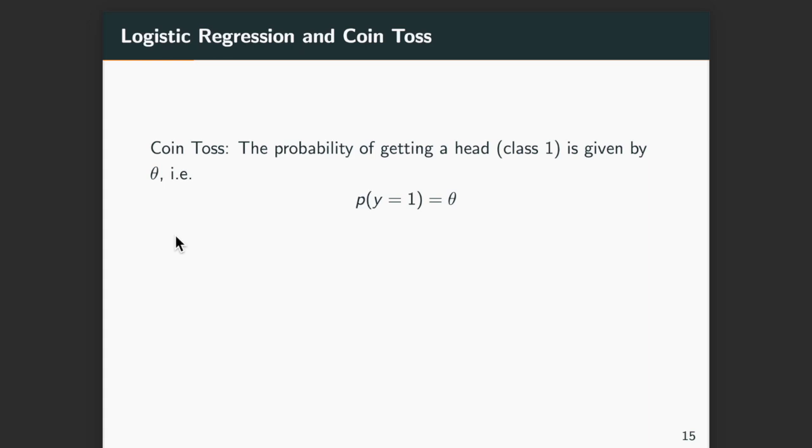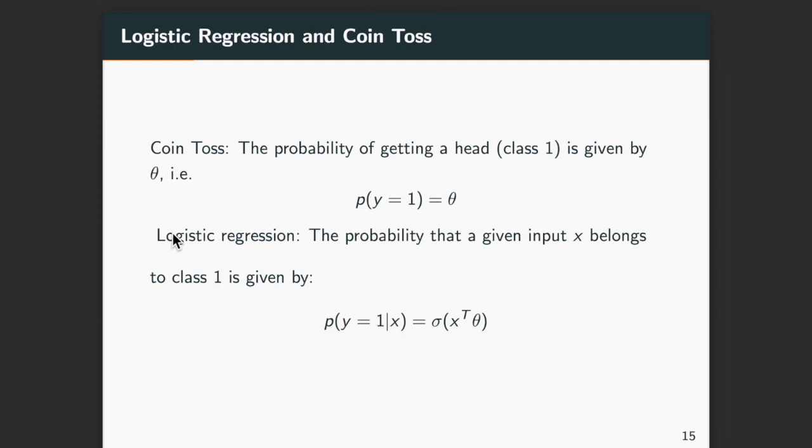This is by definition from what we learned in the ML course: probability of y equal to 1 given the input x is sigmoid of x transpose theta. Sigmoid of x transpose theta is equivalent to the theta coming from the coin toss. You can substitute one for the other and you will have all the further answers.